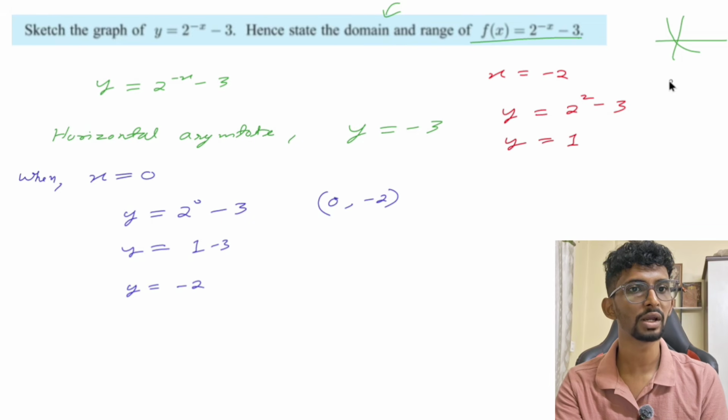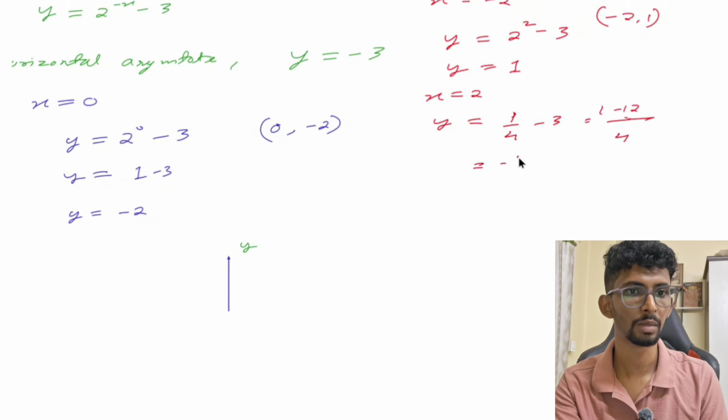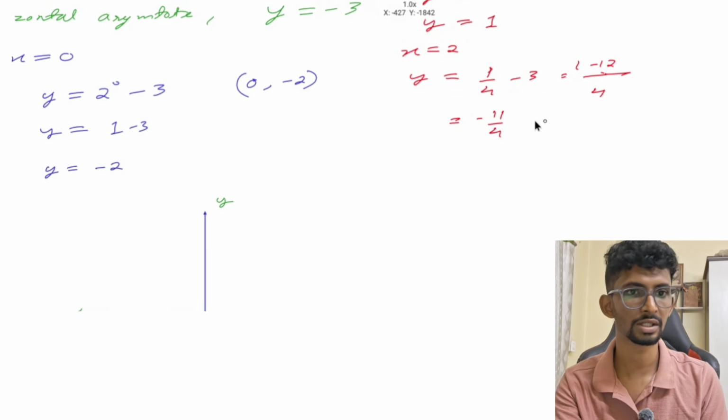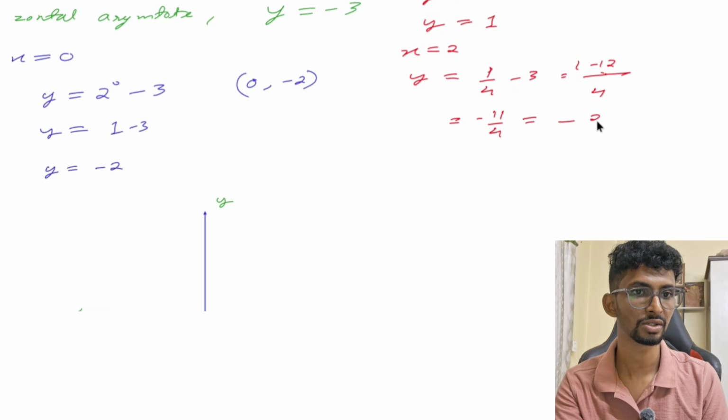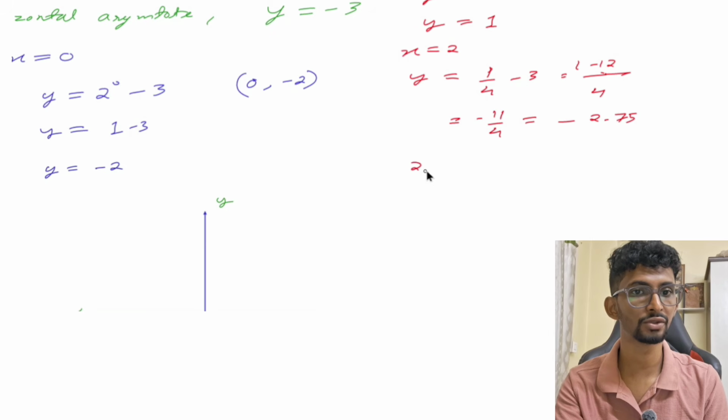So one point we can take is (minus 2, 1). And for the other one, if you take x as 2, then you will get y as 2 raised to the power minus 2, that is 1 by 4, minus 3, which will be minus 11 by 4, which is nothing but minus 2.75. So the point will be (2, minus 2.75).